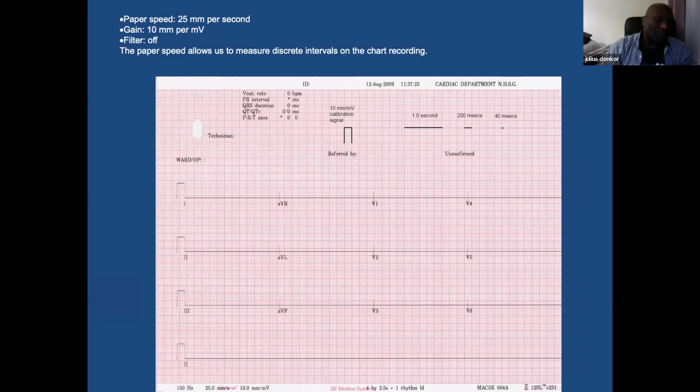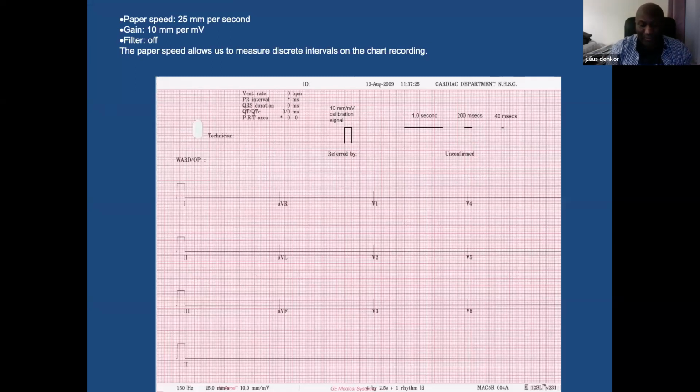If somebody has an LVH, left ventricular hypertrophy, where the voltage is really high, then they might reduce the voltage gain, or voltage amplitude, to half that, 5 millimeters per millivolt. So always watch that before you even go to interpret the ECG.